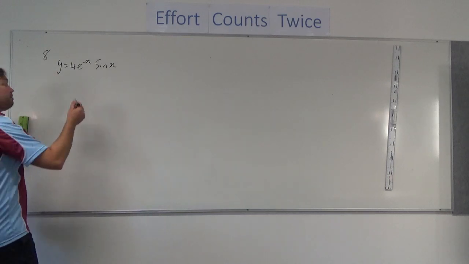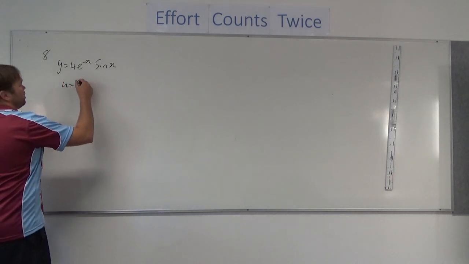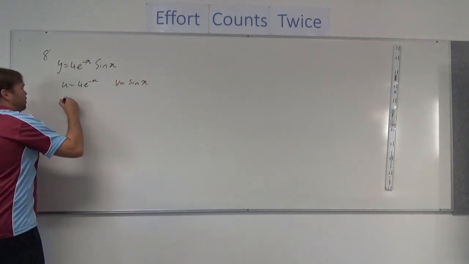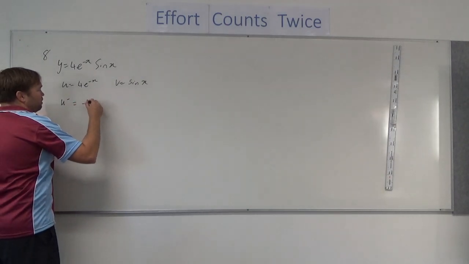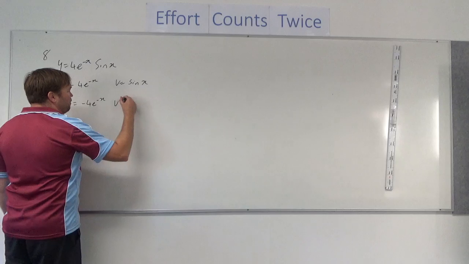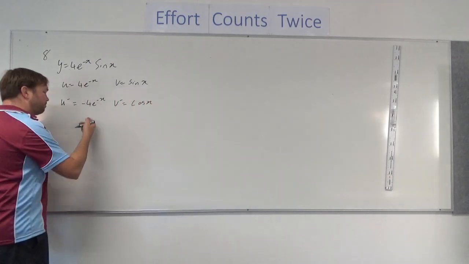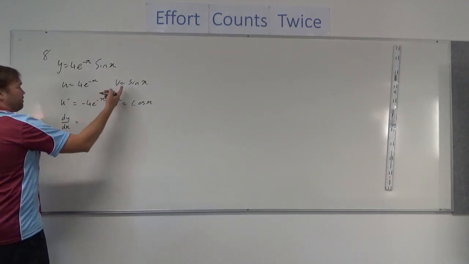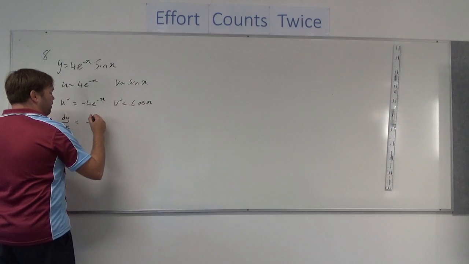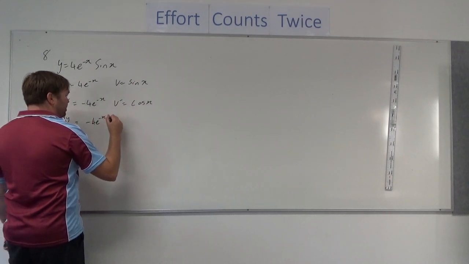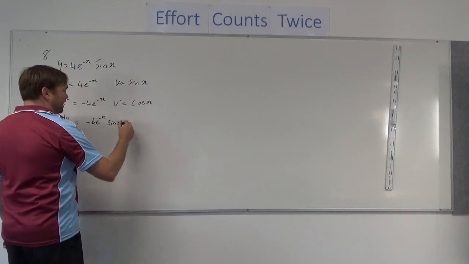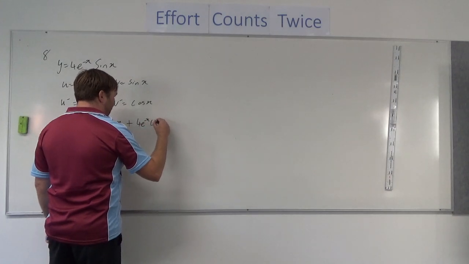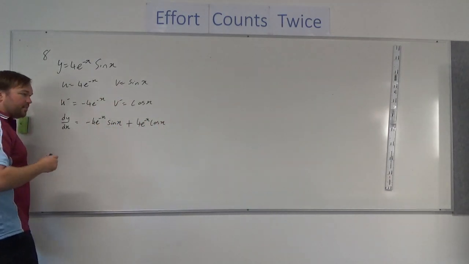So, sign diagram, u equals 4e to the minus x, v equals sine x. u dash is minus 4e to the minus x. v dash is cos x. dy dx is u dash v, minus 4e to the minus x sine x, plus v dash u, 4e to the minus x cos x. And we want that to equal 0.